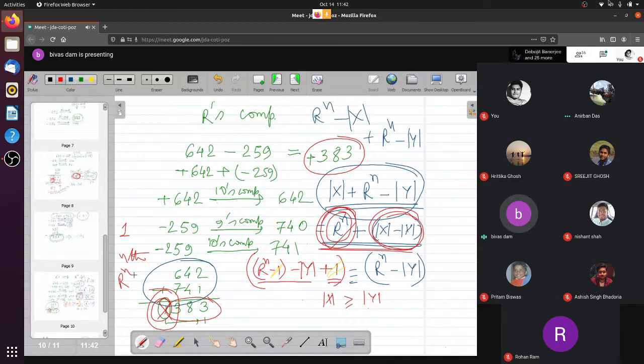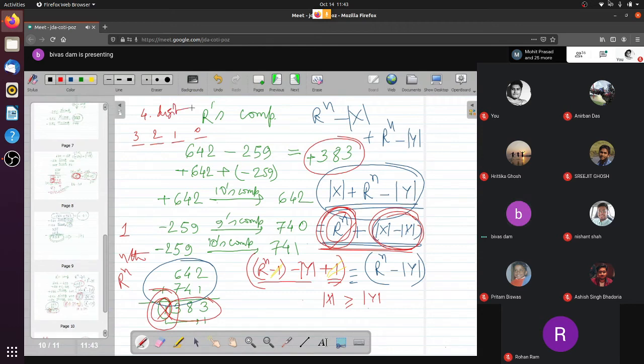In case I get a 1 in the nth position of the sum, the nth position is basically outside the n digit sum. The MSB of the n digit sum is the n minus 1th position. For the 4 digit case, this is 0, this is 1, this is 2, this is 3.